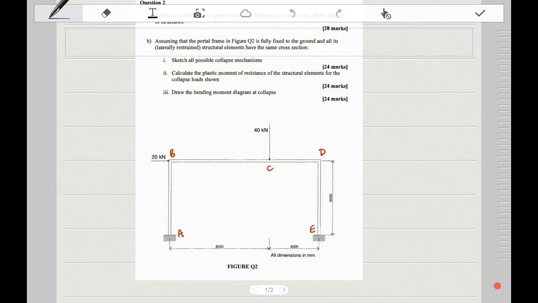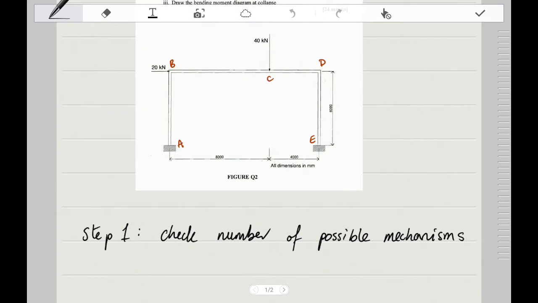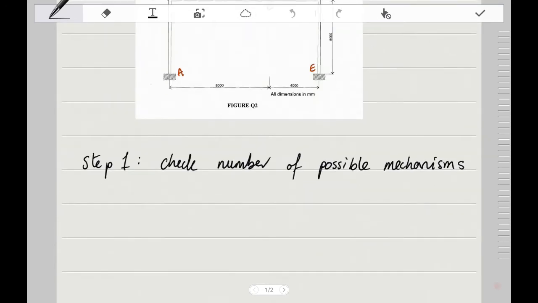So the approach we're going to take is using the Williams and Todd book. What I've done is I have labeled each of the corners and where there are applied loads with letters for ease of calculation.